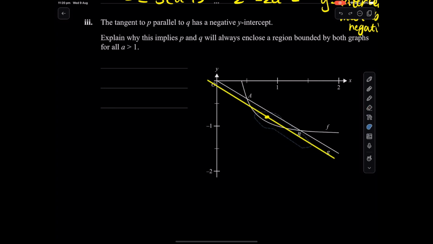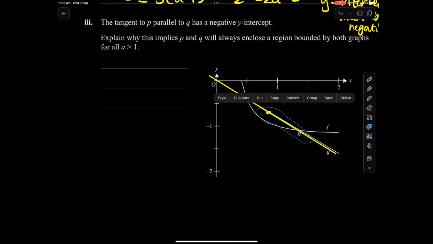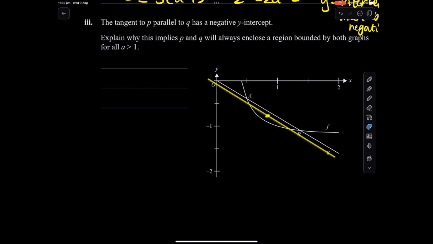If this part was not negative, the tangent to P parallel to Q has a negative y-intercept. So explain why this implies P and Q will always enclose a region bounded by both. Yeah, so if it has a negative, you can see that it will always enclose. Like, if you go down, it still encloses. You can still see that it encloses.